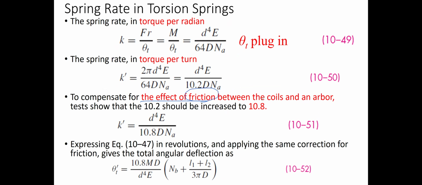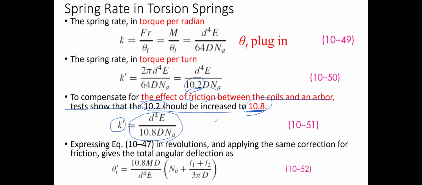Tests show that 10.2 should be increased to 10.8. So theoretically we figure the number should be 10.2, but experimentally we should increase it to 10.8. Therefore we get K prime, the spring constant in torque per turn, equals this term.